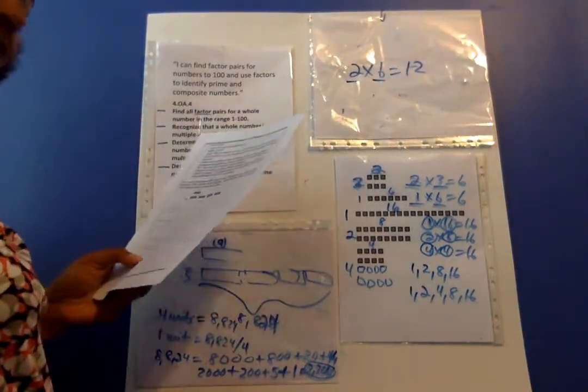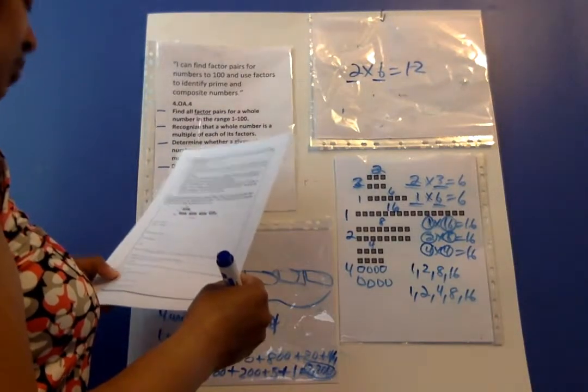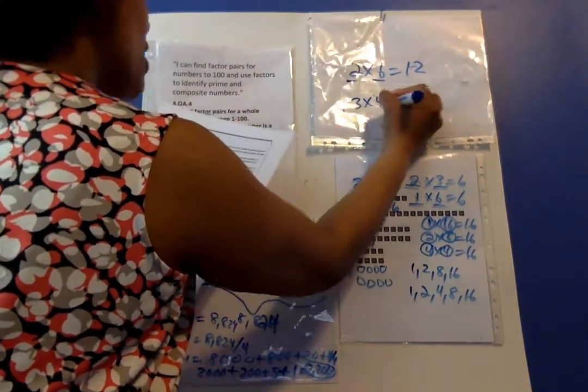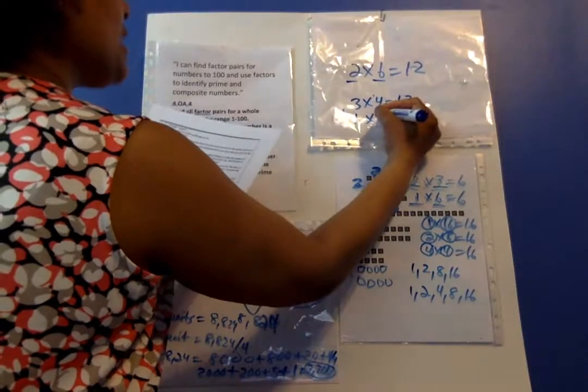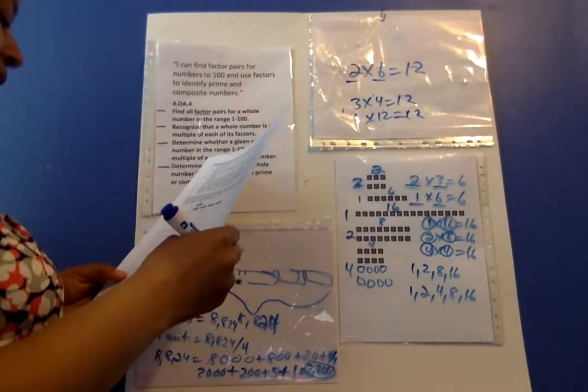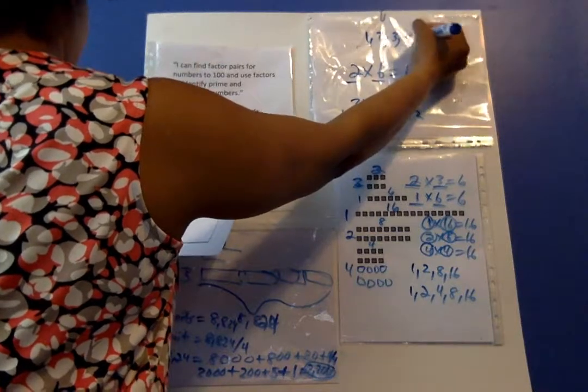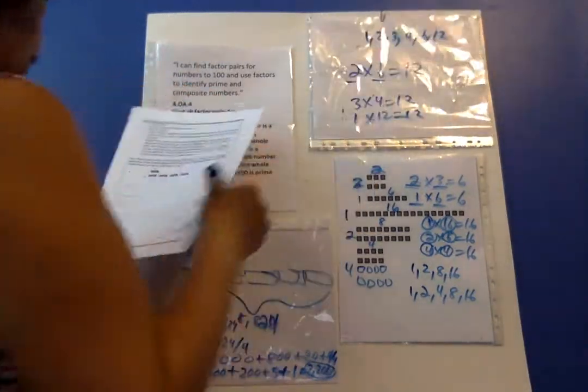What other multiplication sentences can you come up with using different factors that equal 12? And the students will answer 3 times 4, 1 times 12. What are all the factors of 12? Let's write them out. 1, 2, 3, 4, 6, and 12.